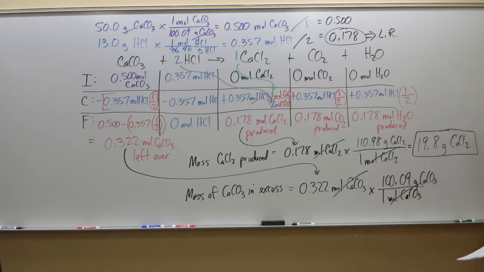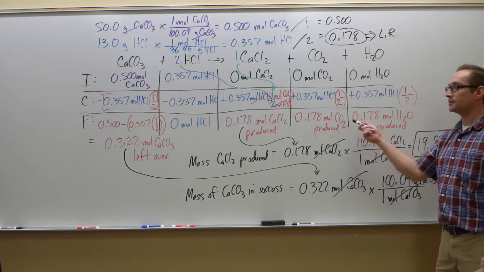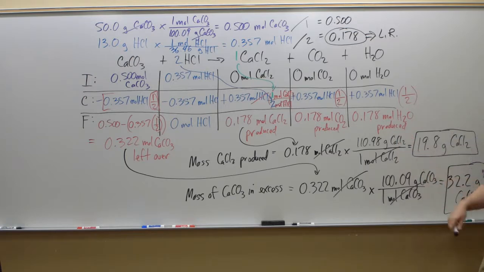Okay. And that gives us 32.2 grams of calcium carbonate left over. And I could easily do a similar calculation for CO2 and water if I wanted, right? If I wanted to do it.